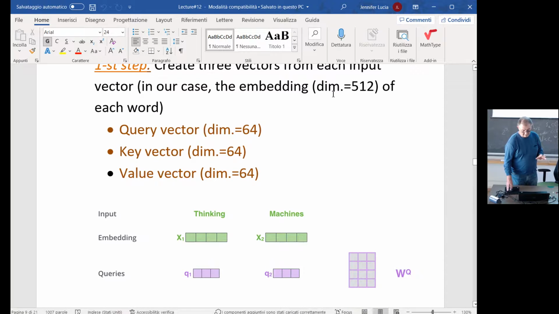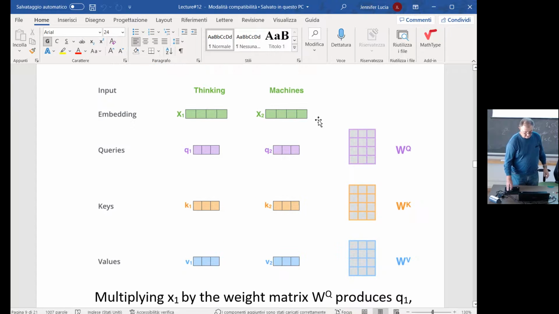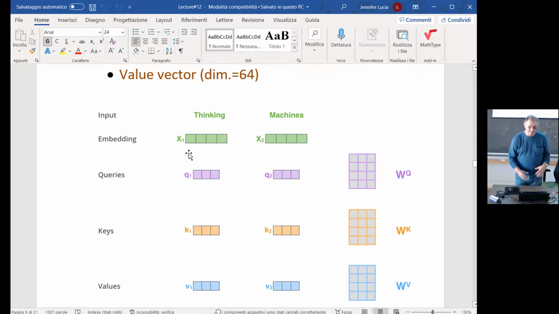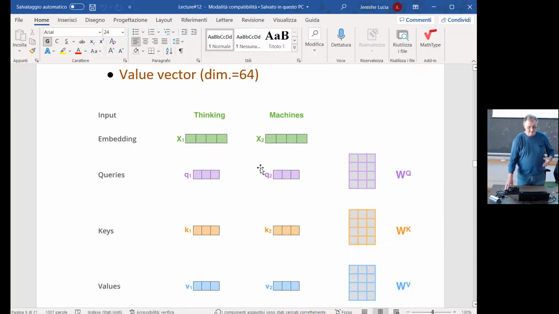So we can take it as it's indicated. So our inputs, thinking machines, should be packaged in some embedding codification vectors. Now this vector of the fixed dimensionality of 512.